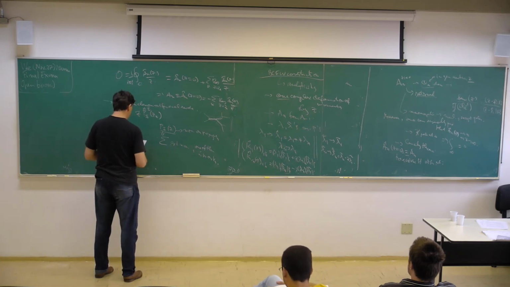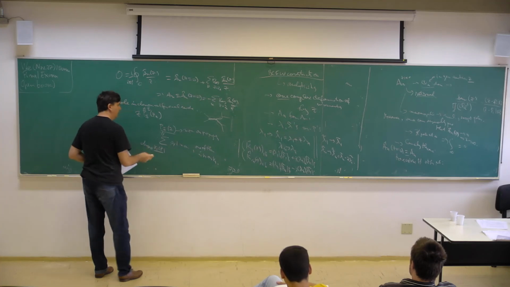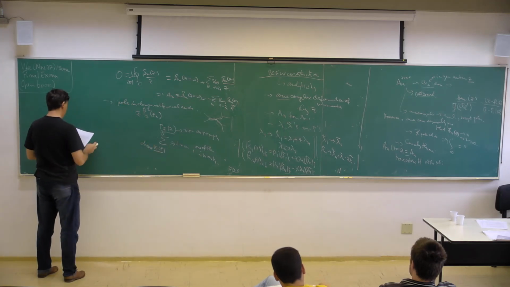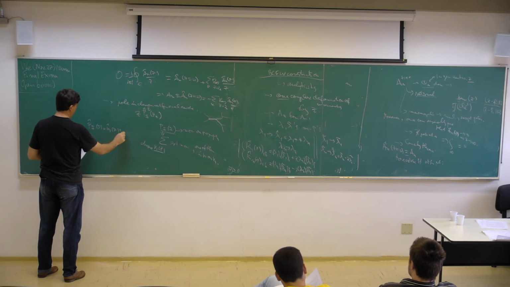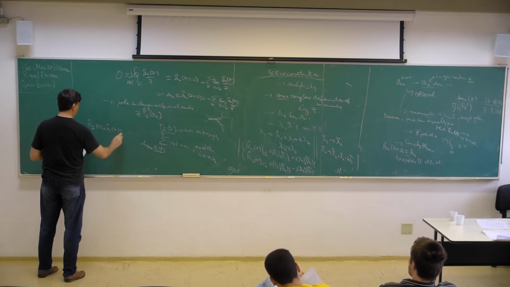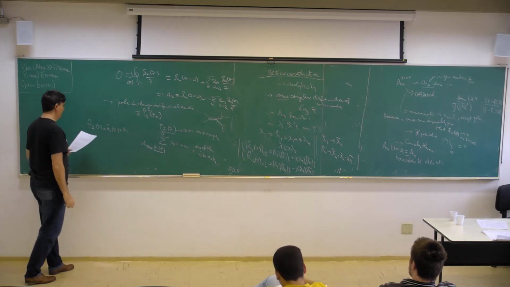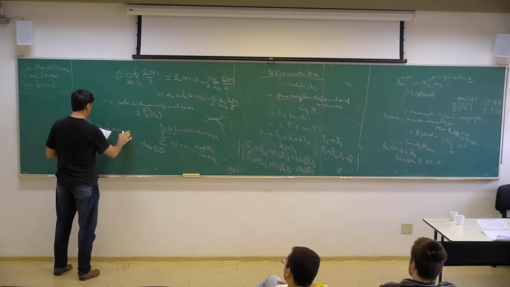Let's choose it to be k1. It's the same for kn, but let's choose it this way. Then P_i of z will be k1 hat of z plus some other momenta, some k_r.